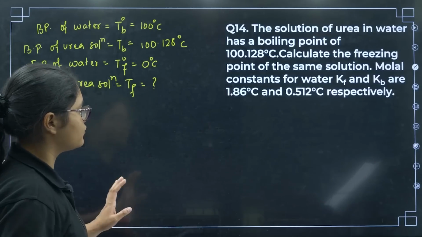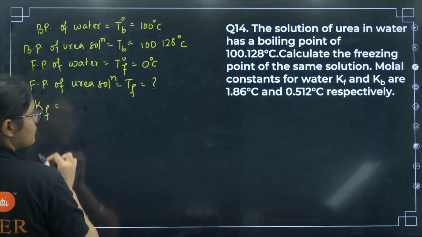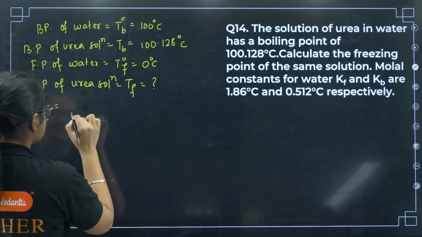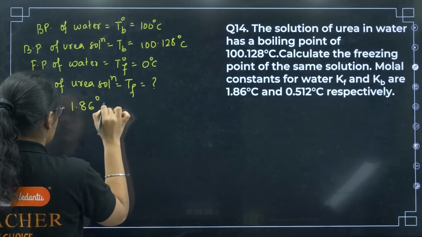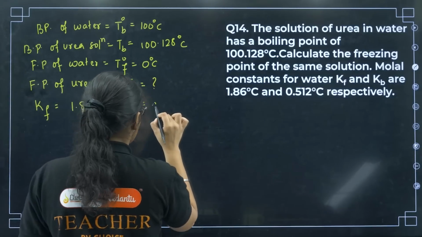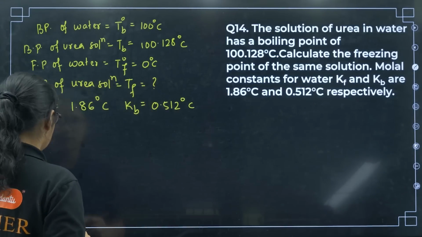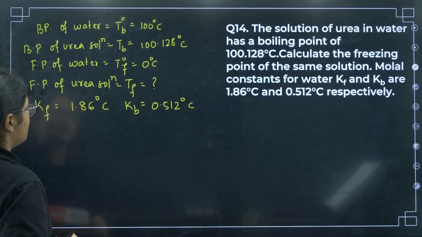Okay, these things are over. Next I have here KF is equal to 1.86 degree Celsius and KB is equal to 0.512 degree Celsius.